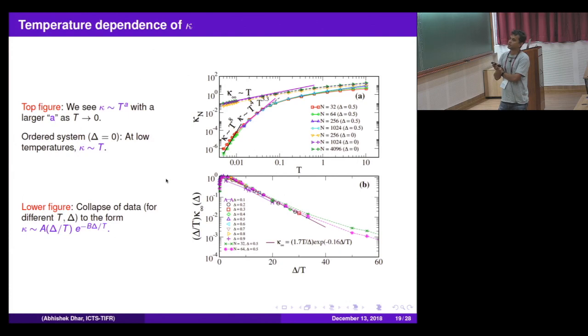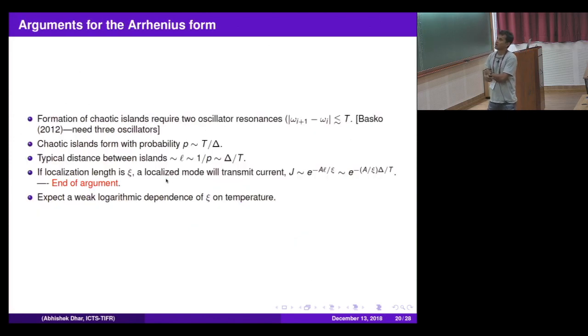Okay, so now the question is where does this come from? Can we understand this Arrhenius form? This is the basic idea, which is again from the idea of chaotic islands. What we find is that these chaotic islands can be found by oscillators in resonance.